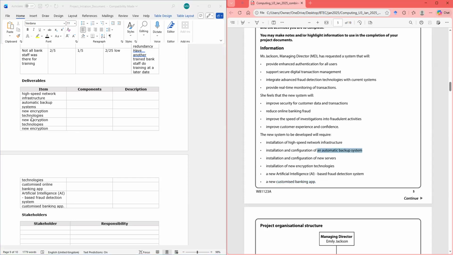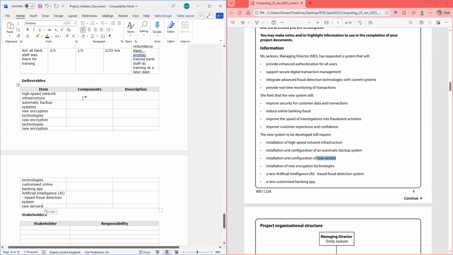We don't have to overcomplicate it. We have that. Encryption technology, configuration of new servers. So new servers are deliverable. All right. So all of these are deliverable.